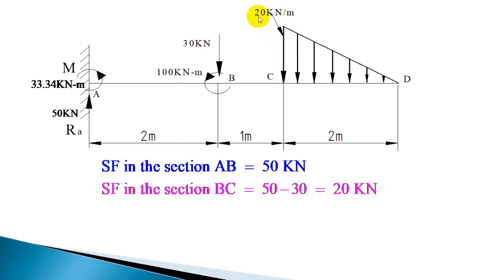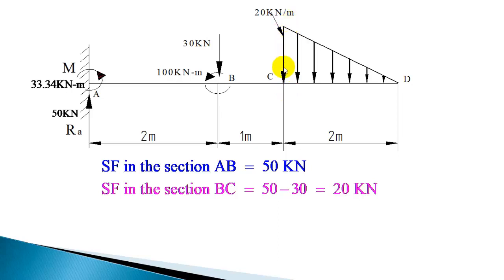This intensity is 20 kilonewton for 1 meter. So for 1 meter length, it is 20 kilonewton. That is the intensity at this part nearer to C. So it will decrease. The intensity is decreasing continuously to 0. So when you are taking infinitesimally small distance away from C, the part of load is 0 or negligibly small.